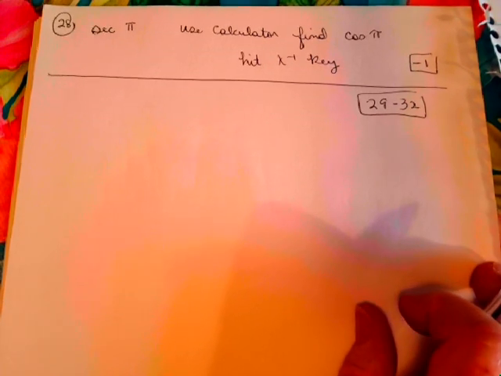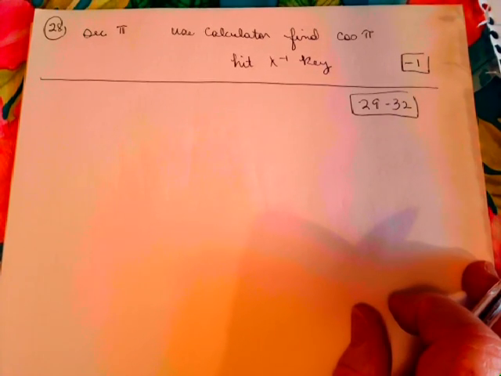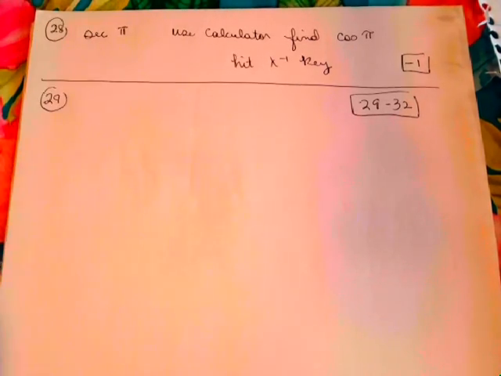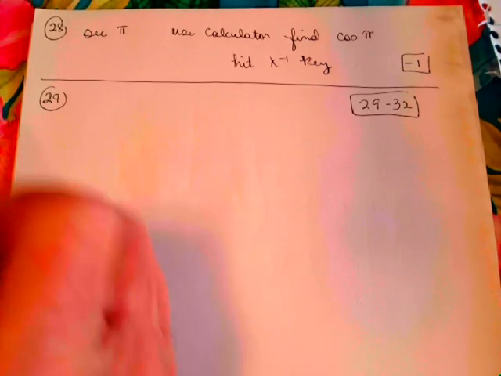We're now working on problems 29 through 32 from the study guide from Trig Test 1. Problem 29. Find the exact value of the indicated trig function of theta.